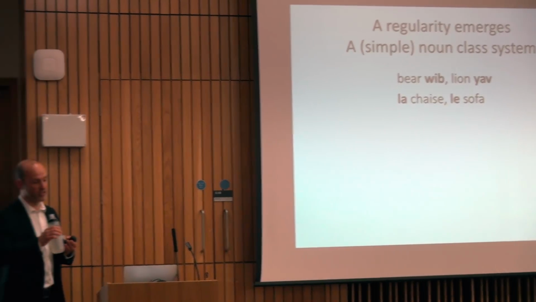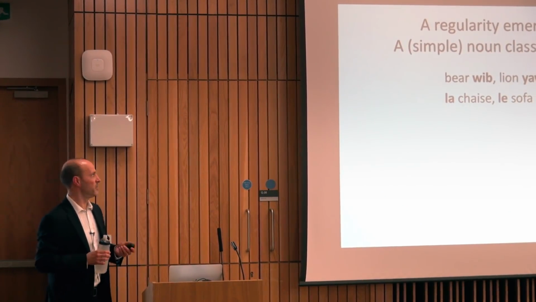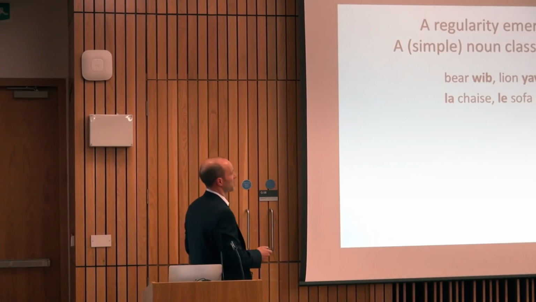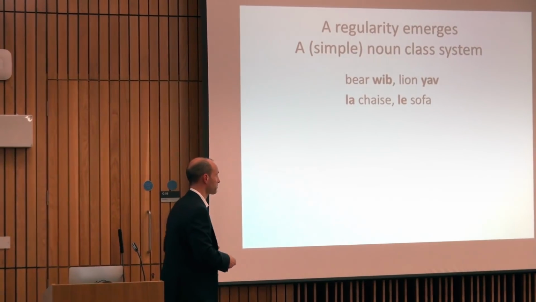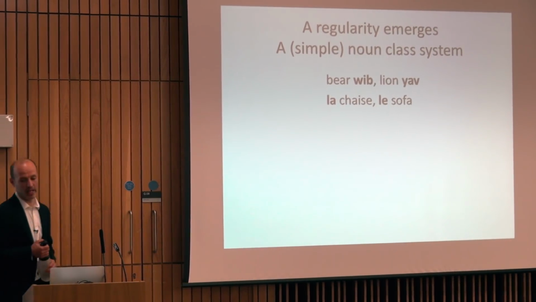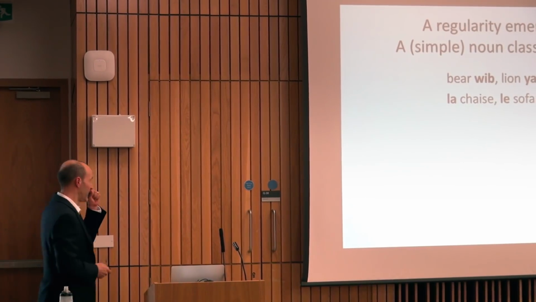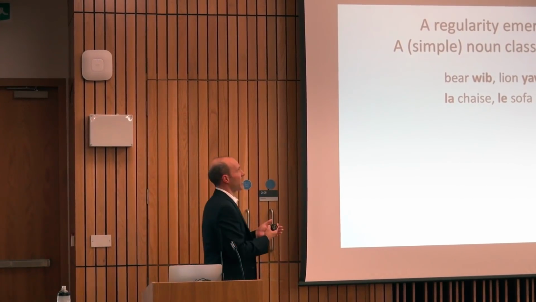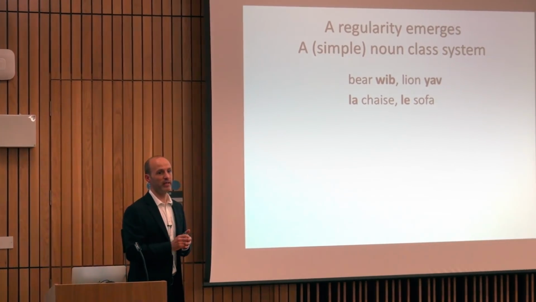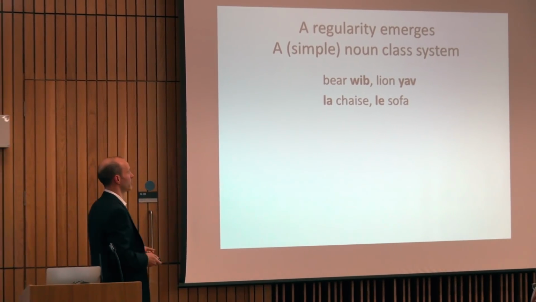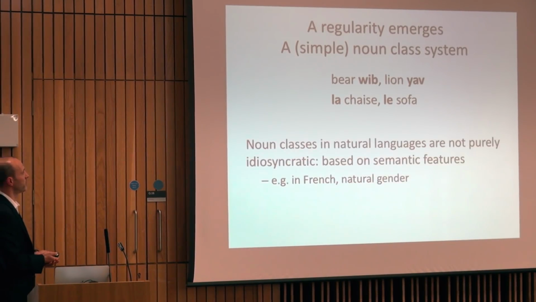Okay, so if you know French, you'll be familiar with the idea that there are 2 subclasses of nouns, masculine and feminine, and they behave slightly differently syntactically. So for instance, they take different determiners. And when you learn French, you have to learn which gender each noun belongs to. Okay, so a regularity emerges through transmission, and that regularity resembles, in a very simple way, the kinds of regularities we see in natural languages. The language develops a noun class system.